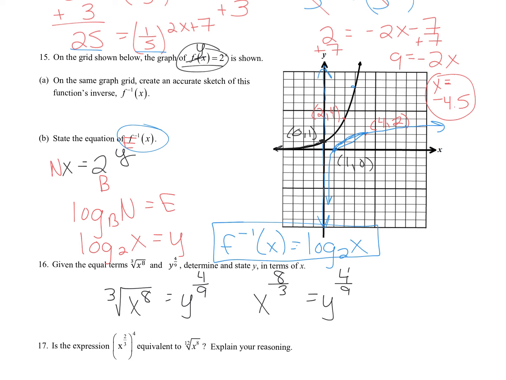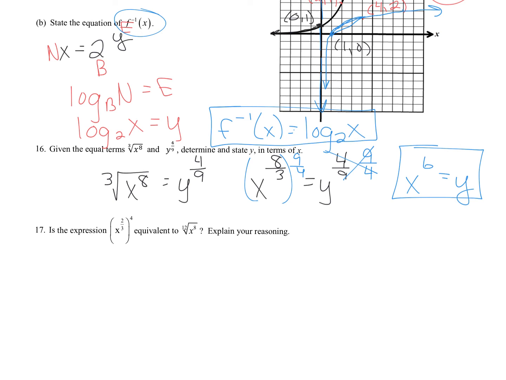And then I'm going to raise both sides. I want to get the y by itself, so to cancel out the 4/9 power, I'm going to use the 9/4 power. Here I'm going to multiply my exponents. That gives me 72 over 12, which actually equals 6. So this is y in terms of x, or we've solved for y in that equation.